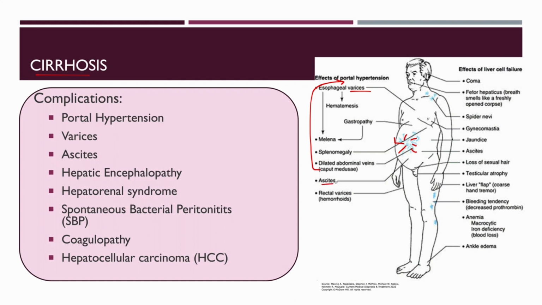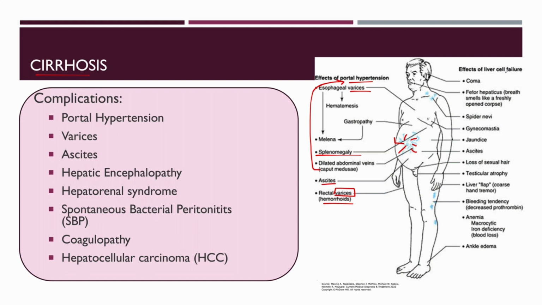You can get ascites, which is the belly full of fluid. You can also get hemorrhoids, which are essentially like rectal varices, right? Kind of in contrast to the esophageal varices. It all has to do with engorgement of the venous system and backup. Also, because there is backup to the spleen, you get splenomegaly, and that's pretty much what we're going to talk about for portal hypertension.